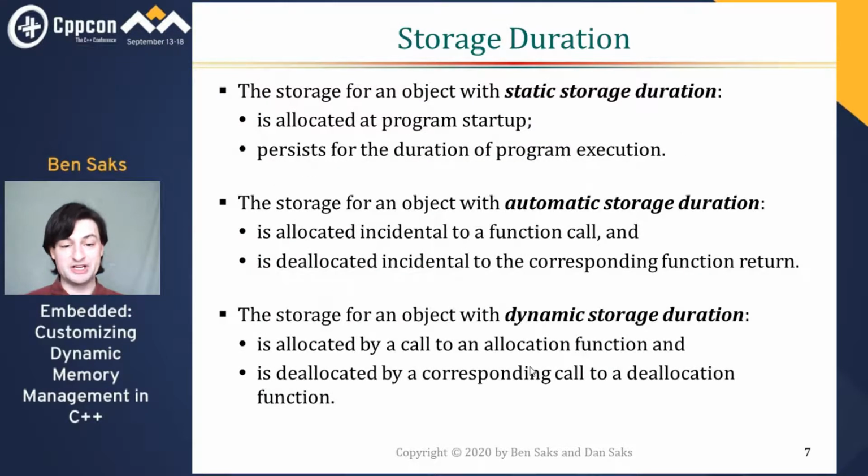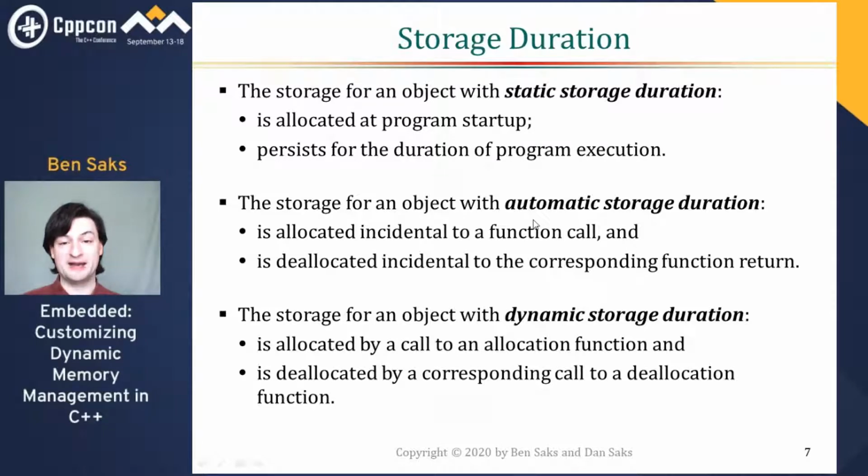Static storage duration is for objects that are created when the program starts up and last for the duration of the entire program, which for a lot of embedded systems is going to be just indefinitely. A lot of embedded systems don't shut down the same way that you close Microsoft Word. So for embedded systems, static storage duration is often essentially the entire life of the program. Essentially indefinite.